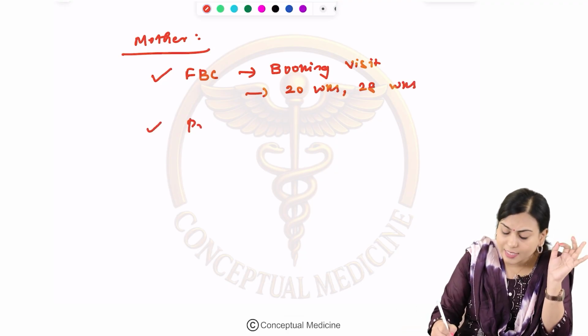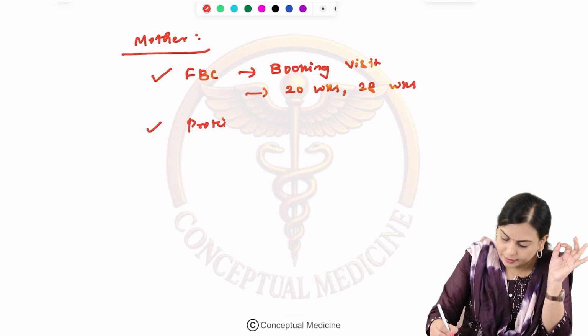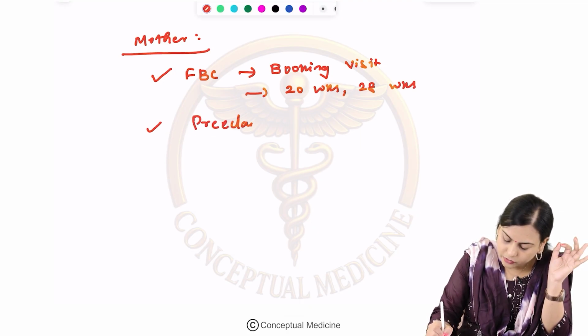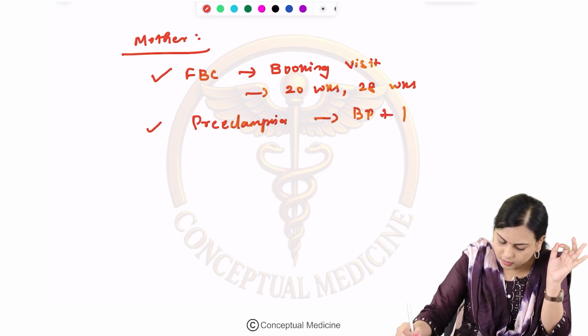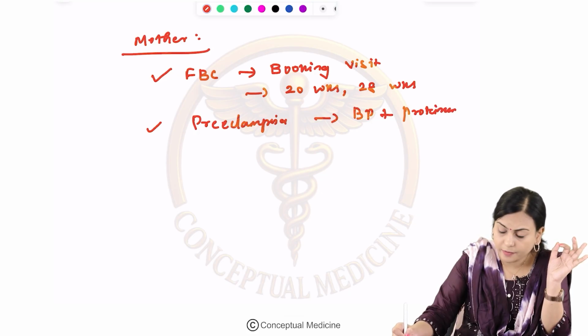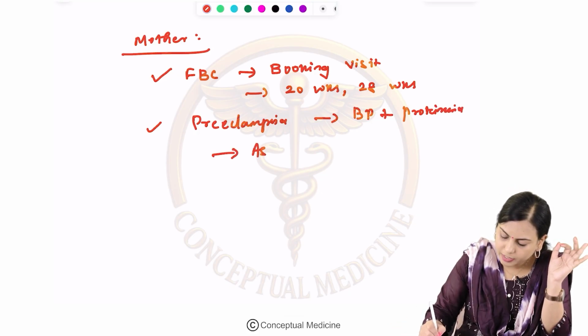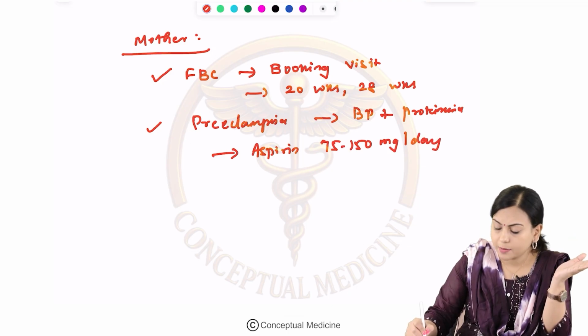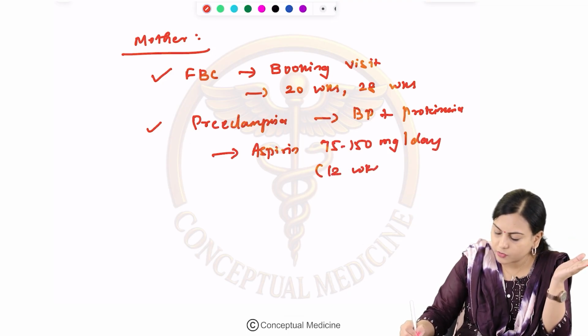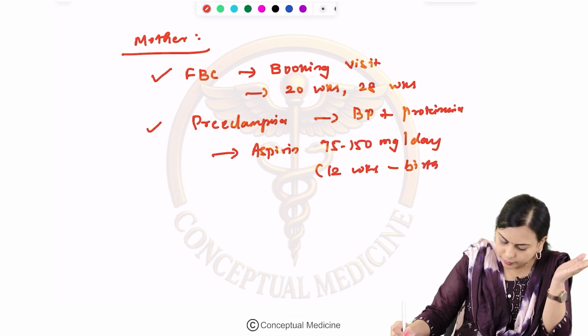There is an increased chance of preeclampsia, so you have to check the BP and proteinuria, and the mother can be started on prophylactic low-dose aspirin, 75 to 150 milligram per day, and this can be initiated from 12 weeks till birth of the baby.